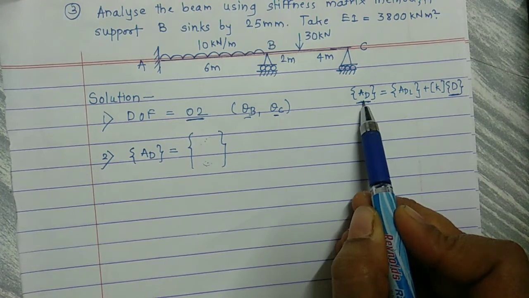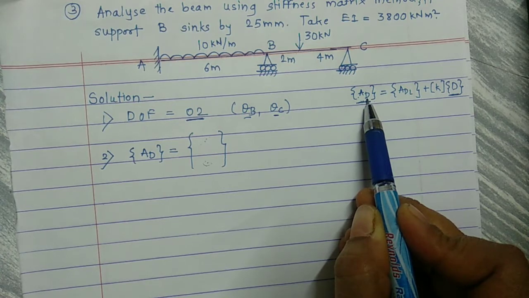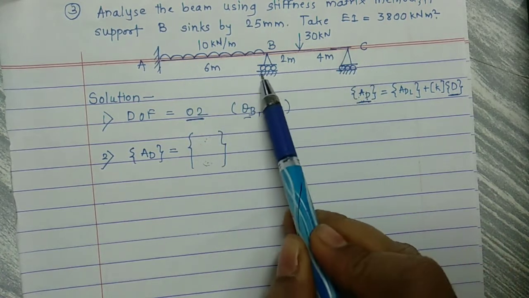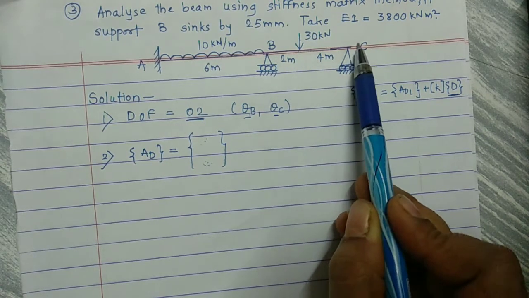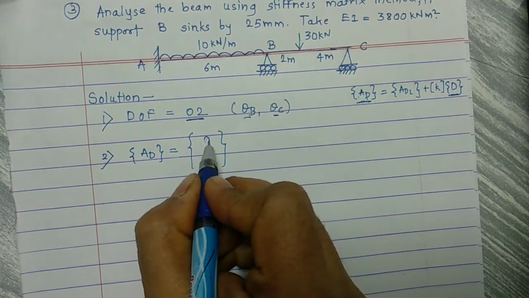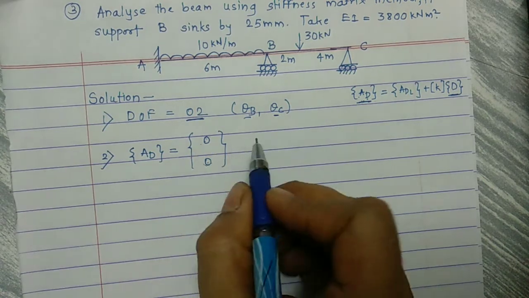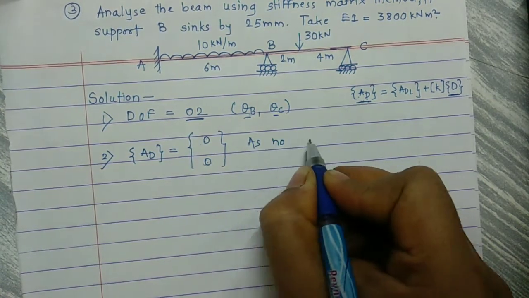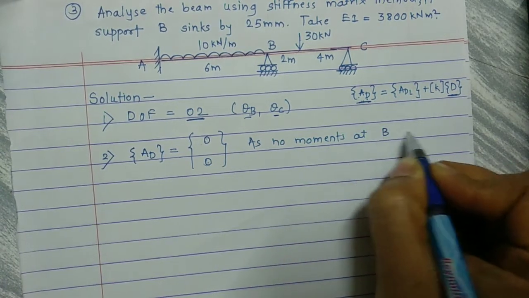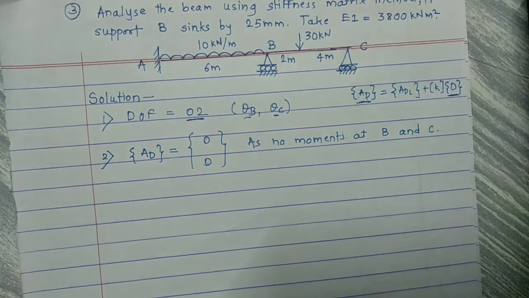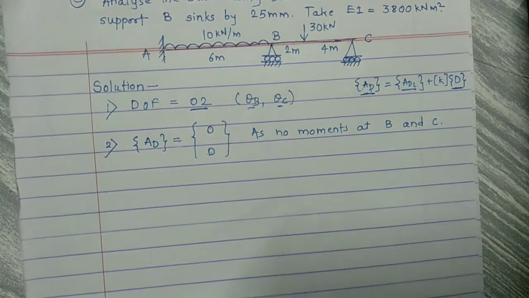AD matrix is related to the original structure, the action corresponding to the unknown displacement in the original structure. At B and C, as there are no external moments given here, this AD matrix will contain both elements as 0, 0. You can write down here: no moments at B and C support. AD completed.